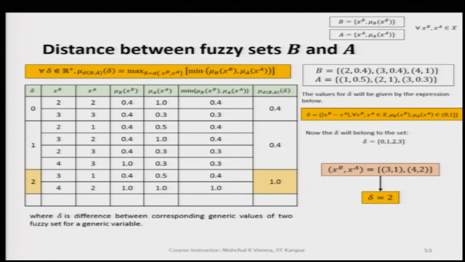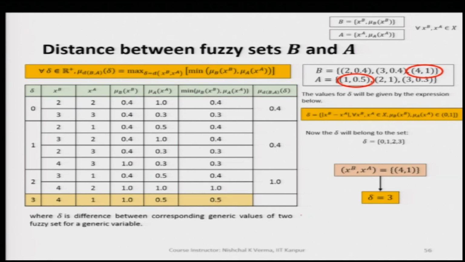Now, next when we move to delta is equal to 3, we see that we have only one pair for which we are getting delta is equal to 3. So, we fill the table with delta is equal to 3 and its corresponding values.